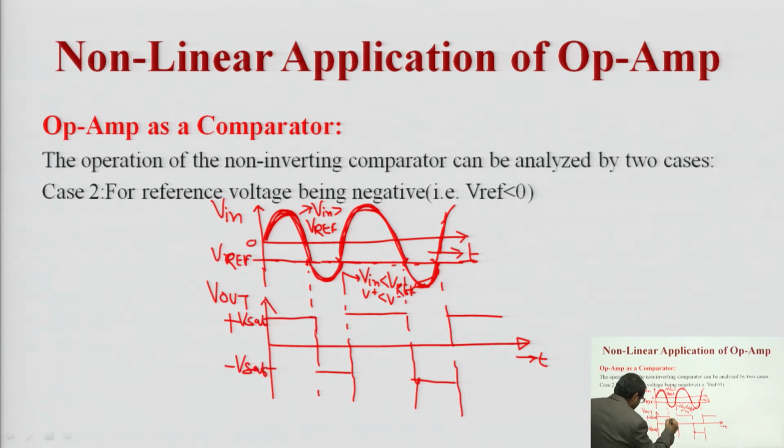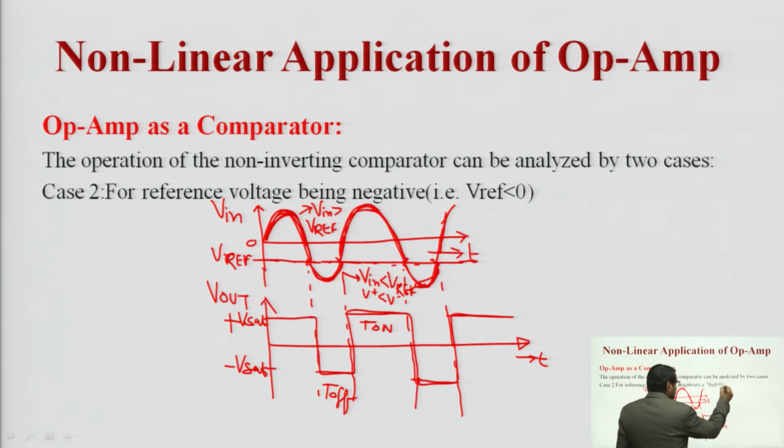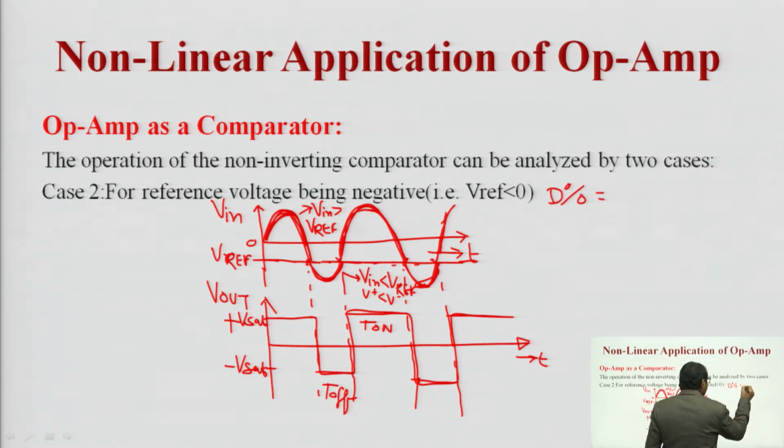If we connect this curve, clearly, when we take the V reference as negative, it is seen in the square wave that T on time is greater than T off time. This is the T on where the V out is positive, and T off where V out is minus V set.